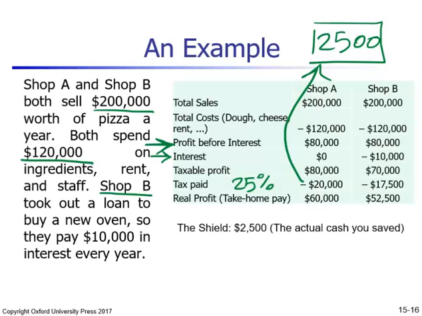But the point that sometimes gets confusing is that without tax deductibility, the profit of shop B would be $50,000.